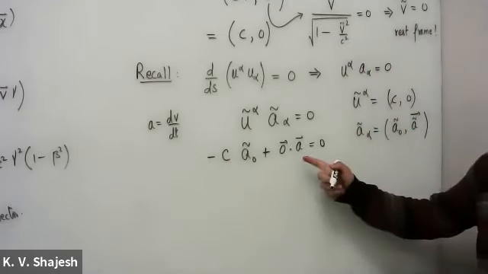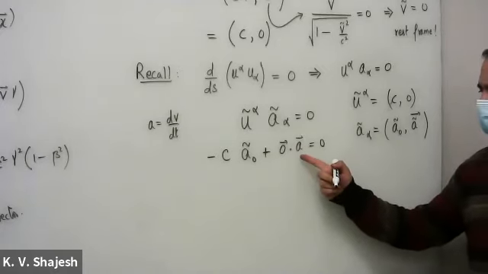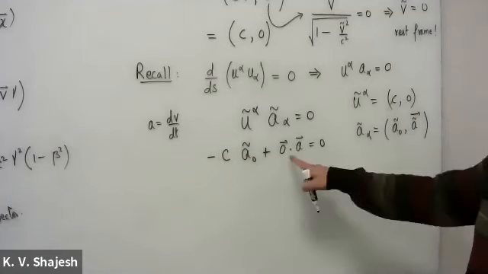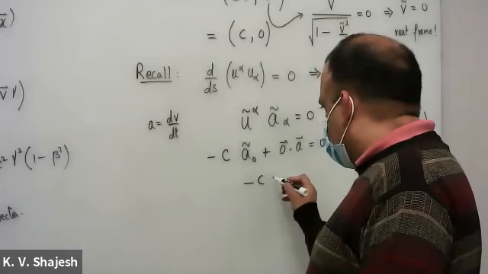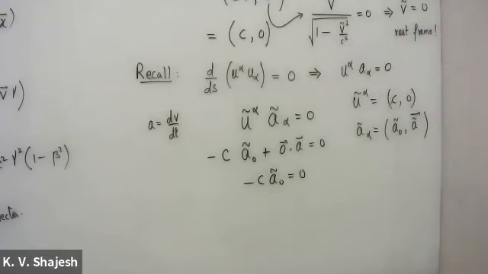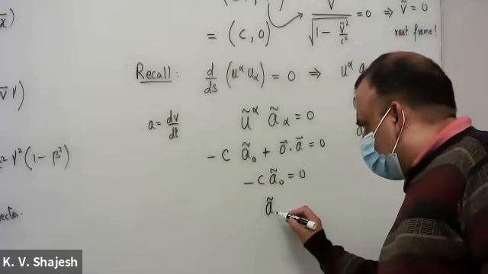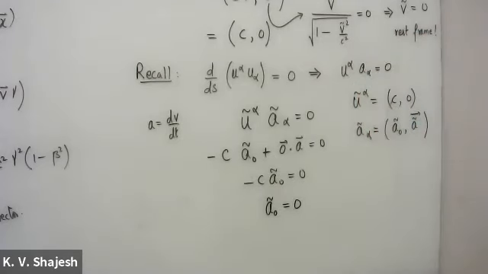It doesn't matter whether this is 0 or not. The product is 0, so this implies that minus c times a tilde 0 is equal to 0. So a tilde 0 is equal to 0, in that particular frame, not every time.